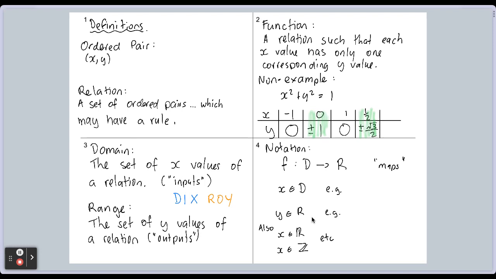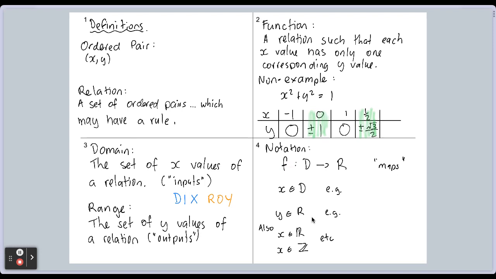Okay, this is a little bit new, perhaps, on slide 4. This notation here: this is a function f defined as such that it takes a set of input values, the domain, and maps them, or makes an image, to the set of numbers in a range.